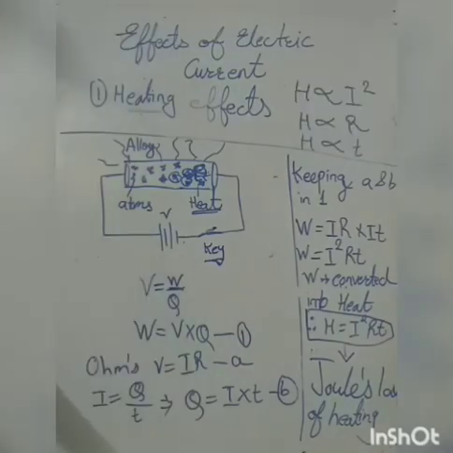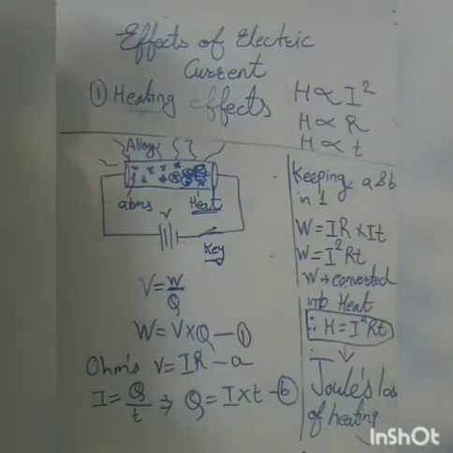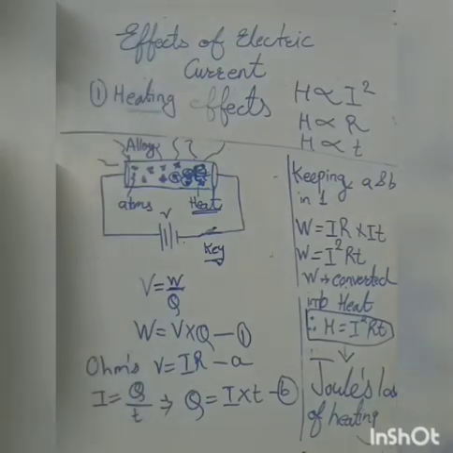So, heat generated is directly proportional to the square of the current for a given resistance. H is also proportional to the resistance for a given current, and H is directly proportional to the time for which the current flows through that particular resistance.